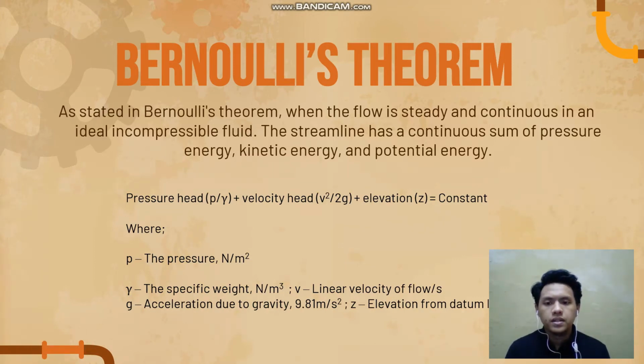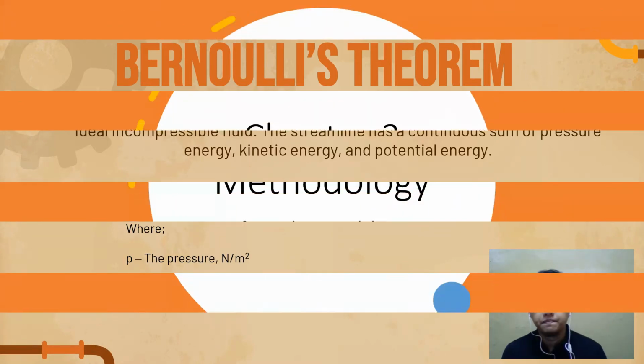The formula is pressure head plus velocity head plus elevation equals constant, where P is the pressure, gamma is the specific weight, V is the linear velocity of flow, g is the acceleration due to gravity, and Z is the elevation from the datum.